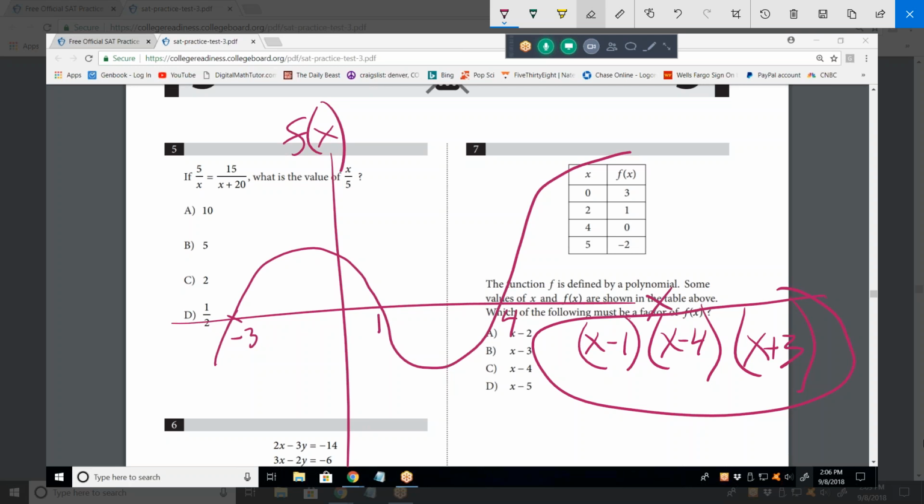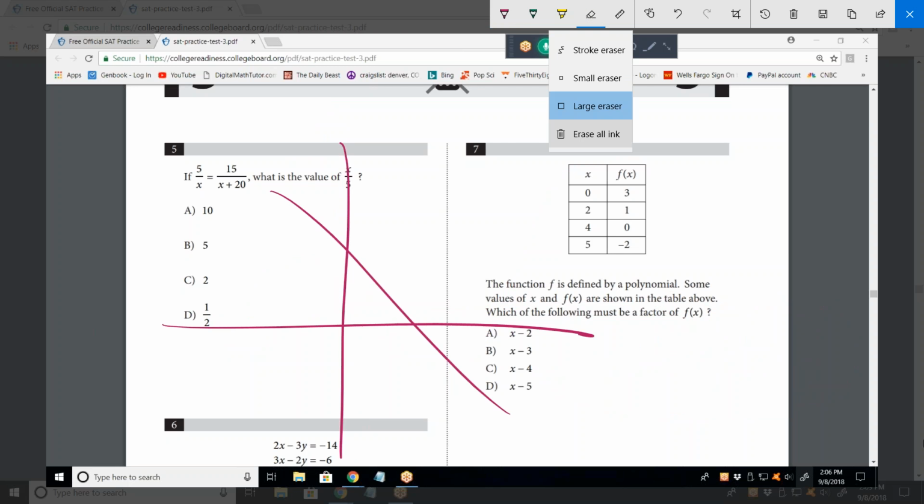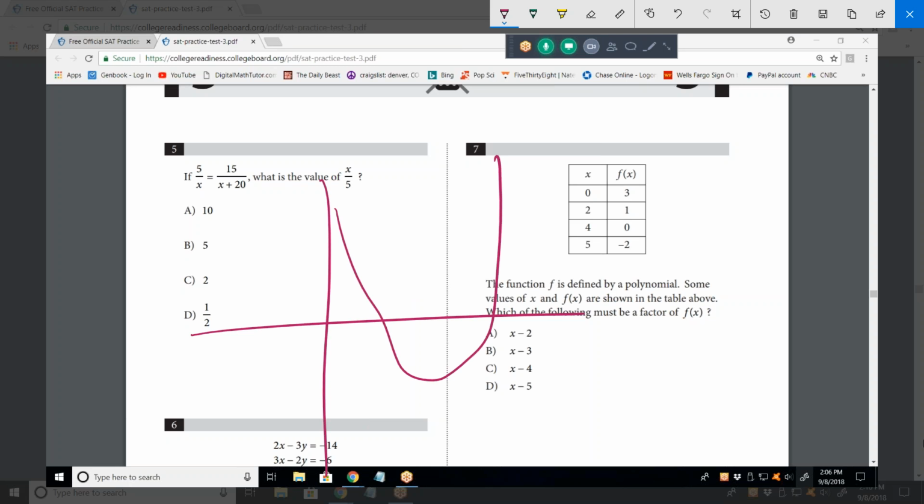So the thing to remember is that no matter what the curve looks like, whether it's a straight line or a parabola like that, these points, whatever the x value of those are, have to be a factor.